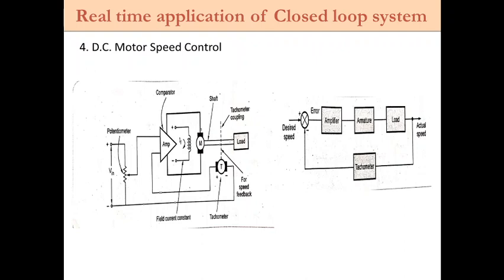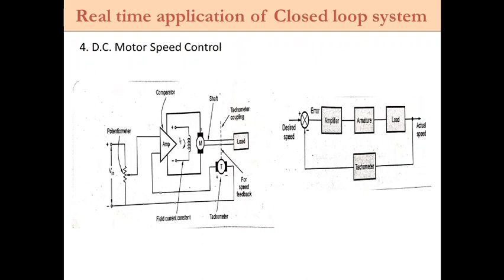So the feedback is taken by a speed tachometer, and this generates a voltage proportional to speed, which is compared to the voltage required for the desired speed. This difference is used to change the input to the control, which accordingly changes the speed of the motor as required.